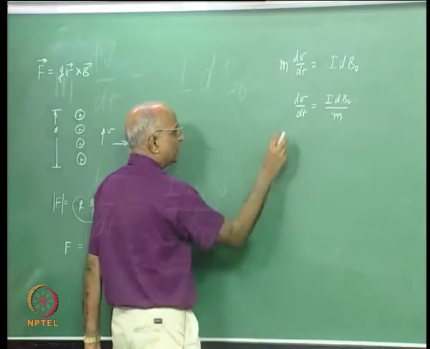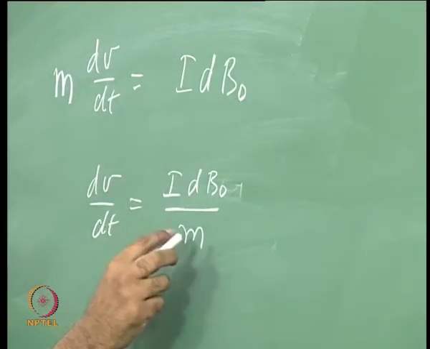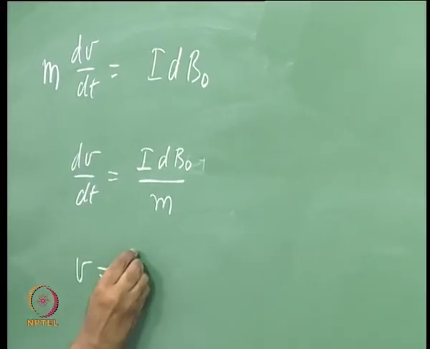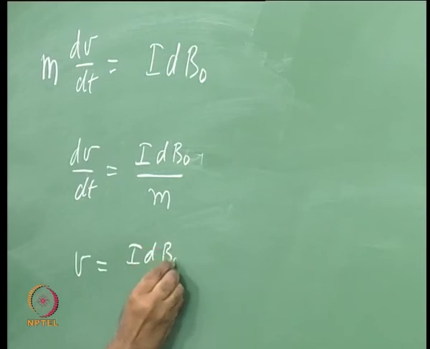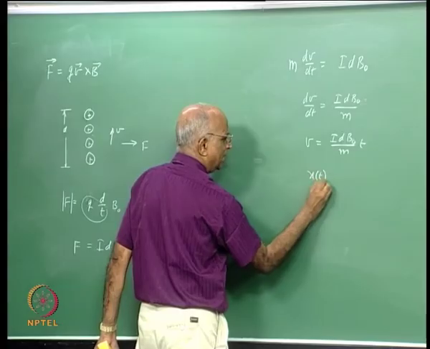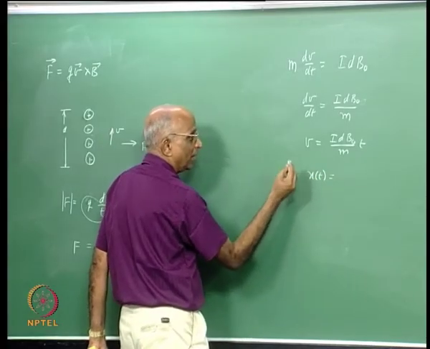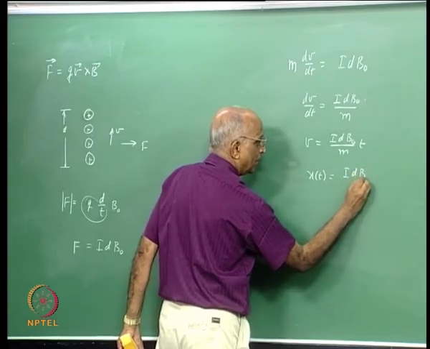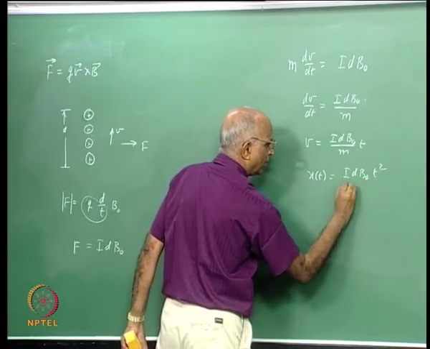Since at the initial state v is equal to v0 at time t is equal to 0, I can straight away integrate, v is equal to i d b0 t by m, or rather the value of x at t, again x is 0 at t is equal to 0, I get i d b0 t squared by 2m.